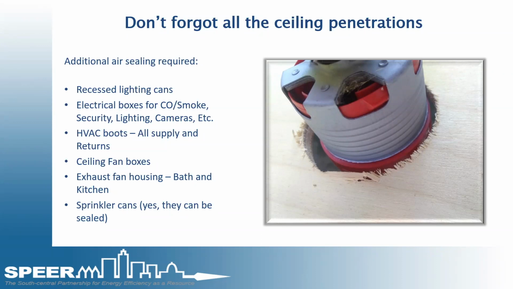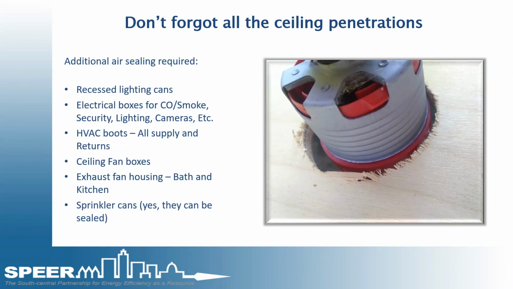HVAC boots, so around all supply and return boots before the grill goes up, where that boot penetrates through the sheetrock must be sealed. All ceiling fan boxes, same thing. Exhaust fan housings for bath and kitchen also need to be sealed. Those are still leaky because of the way they're manufactured, but it needs to be air sealed on the opening around the sheetrock.